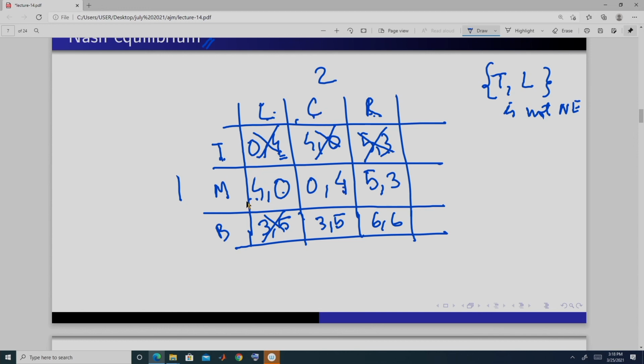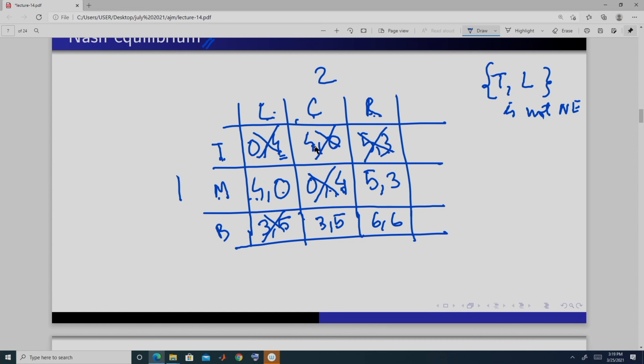So when player 1 chooses M, the best response for player 2 is to choose C. Now, when player 2 chooses C, the best response for player 1 is to choose T, because T gives him the maximum: 4 is greater than 0 and 4 is greater than 3. So this is not a Nash equilibrium, okay.